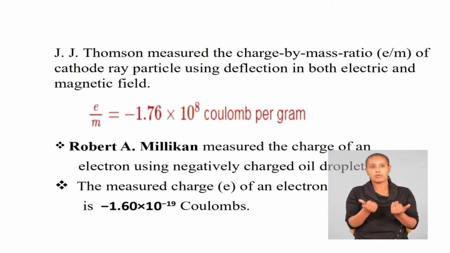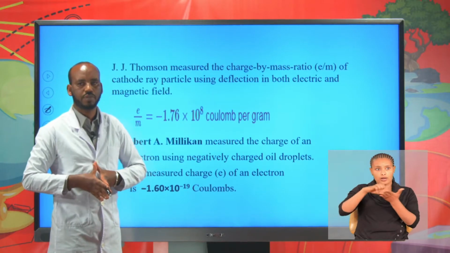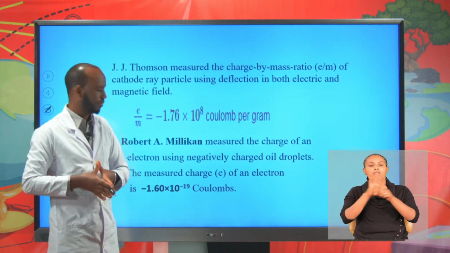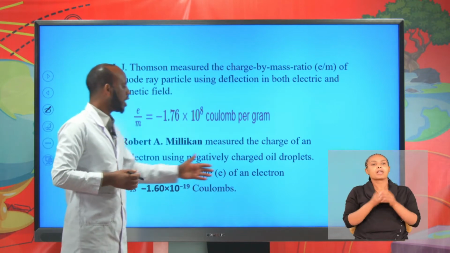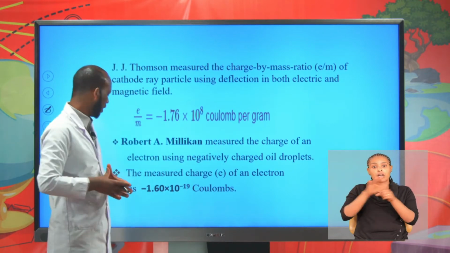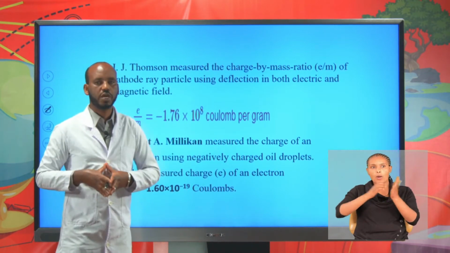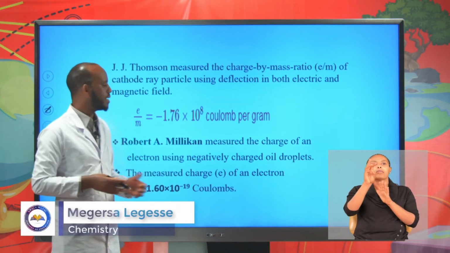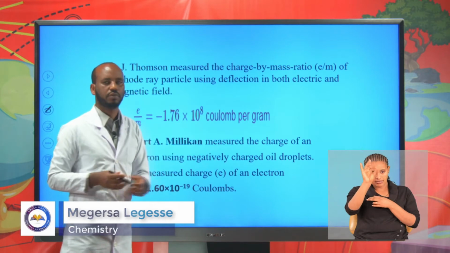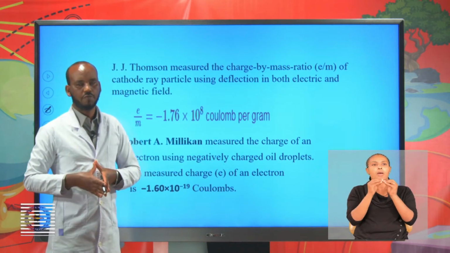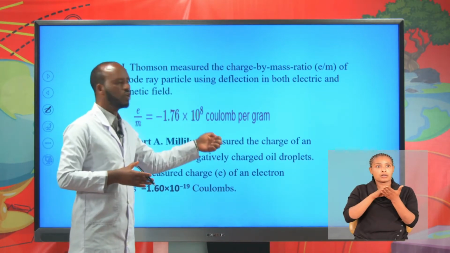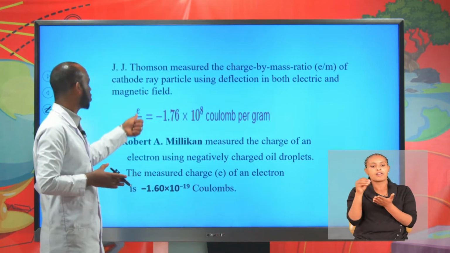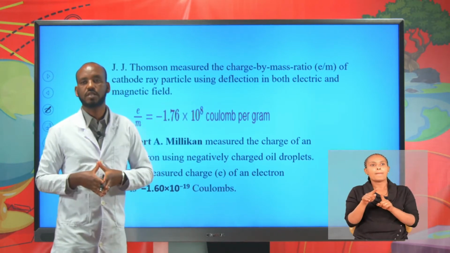Now Robert Millikan measured the charge of an electron using negatively charged oil drop experiments. The measured charge of an electron is minus 1.60 times 10 raised to minus 19 coulomb. We can calculate mass of the electron from charge of the electron and from charge to mass ratio of the electron.